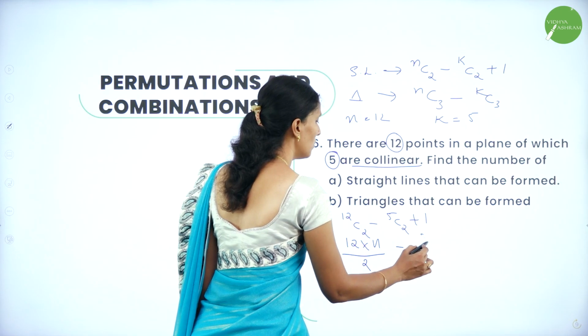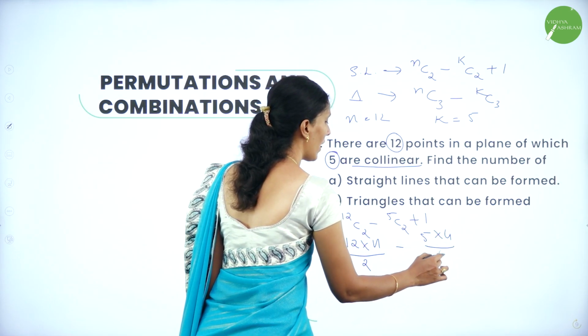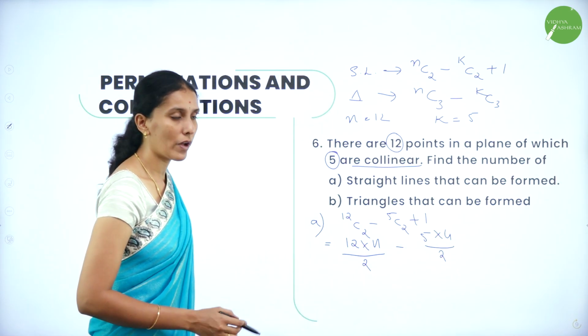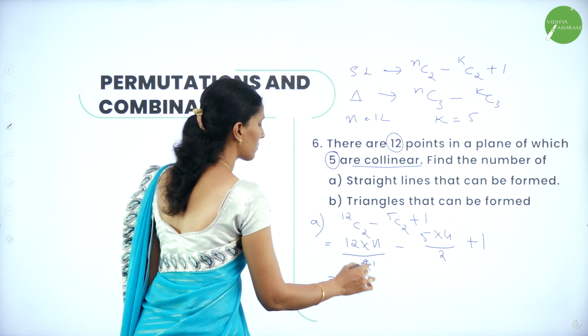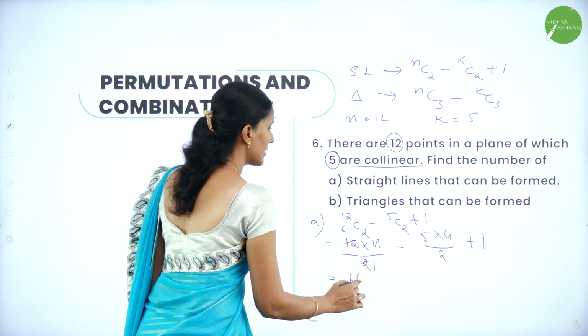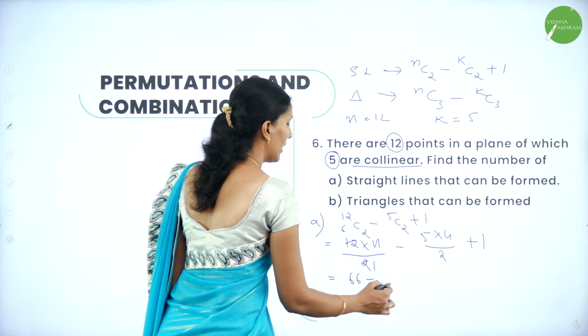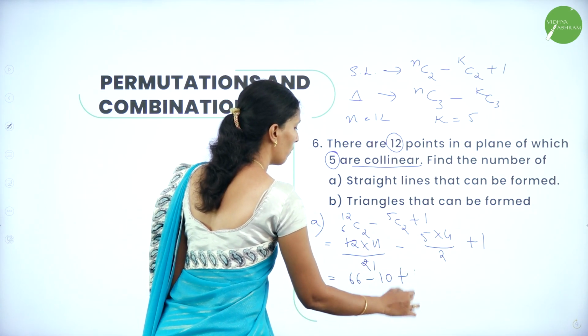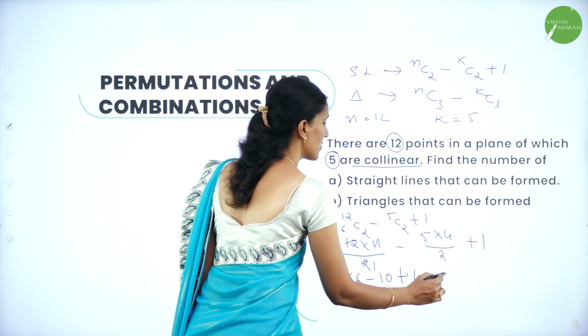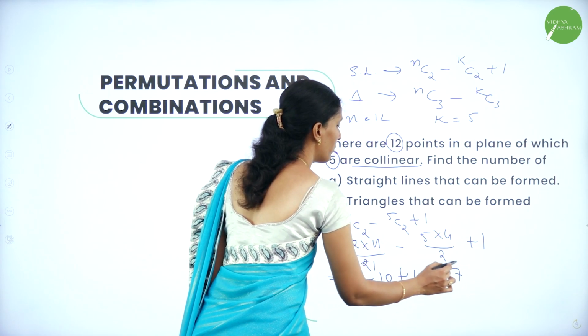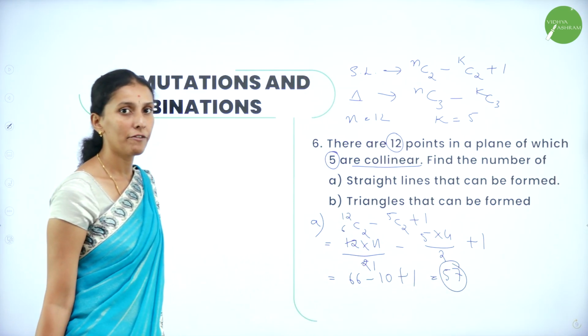Similarly 5C2 is 5 into 4 divided by 2 factorial, which is 2 into 1 is 2, plus 1. So this is 66 minus 10 plus 1. 66 minus 10 is 56. 56 plus 1 is 57. So 57 straight lines you can form.